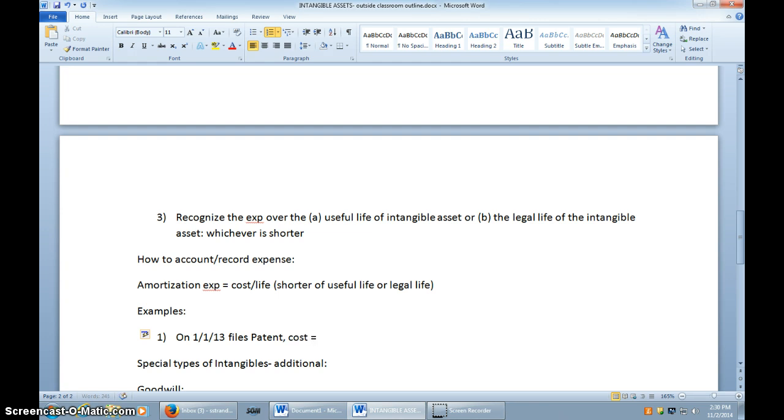It cost, let's just say, by way of example, $120,000. It has a 10-year legal life and a 15-year estimated useful life.